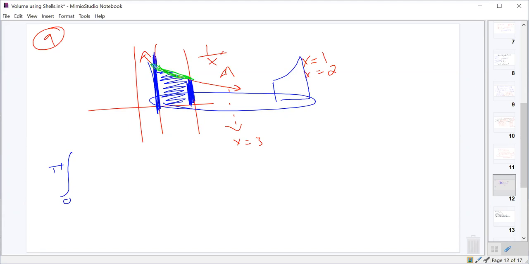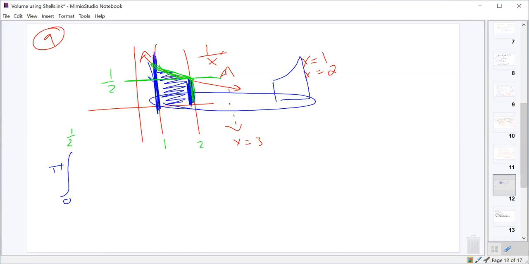If I'm looking at the outer radius and the inner radius, from y equals 0 to y equals 1/2, my inner radius comes from this line.